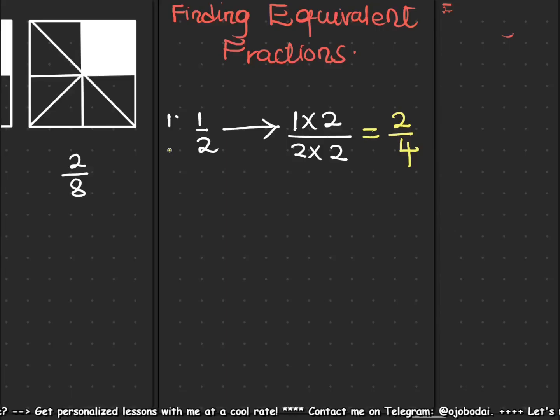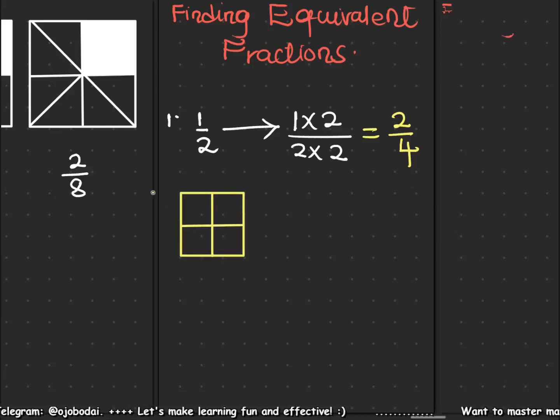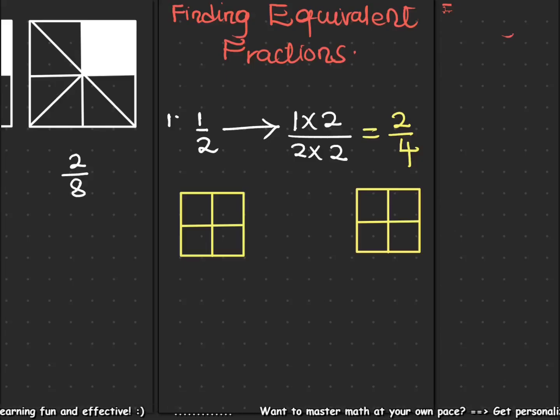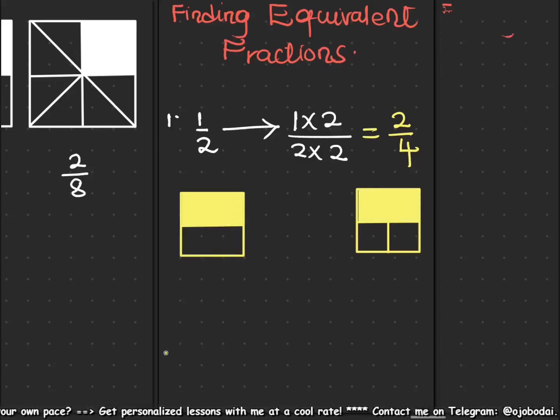How do you know that? If we draw that, you can clearly see that it is. Let me quickly draw so we see. As you can see with these representations over here, this here is 1 over 2.